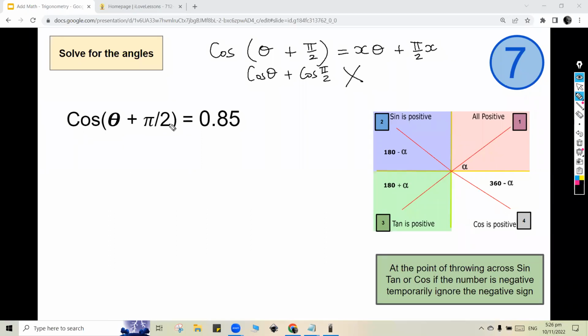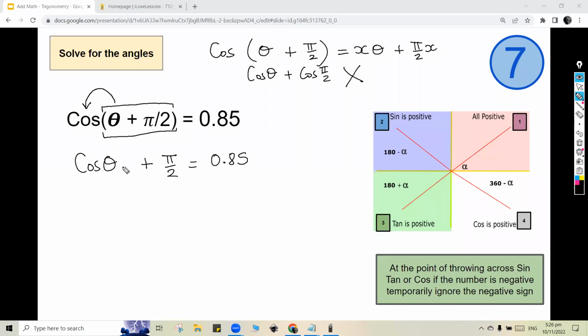And let's rewrite this question slightly different. Are these two questions the same? What do you all think? The answer would be no, right? This one has brackets, meaning that both of these items at the same point in time belong to the cosine. They're being held hostage by cosine.